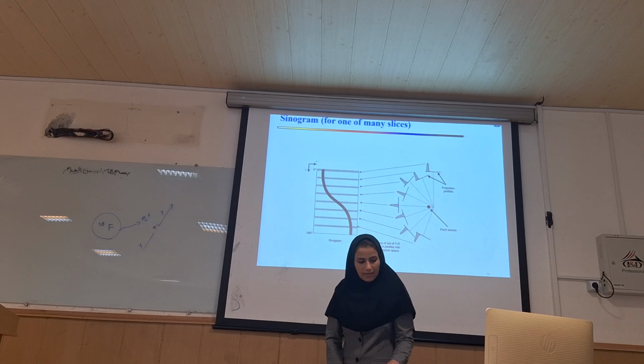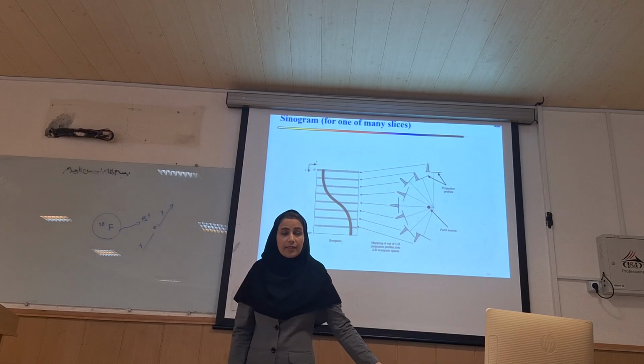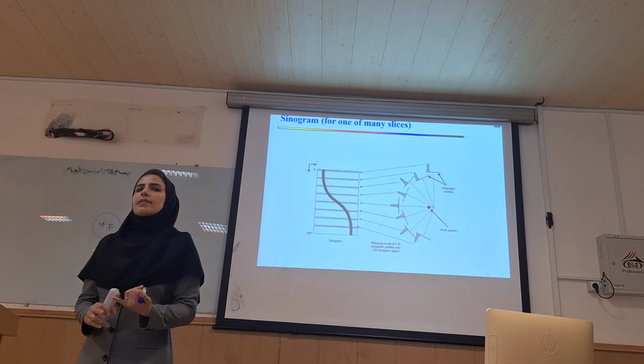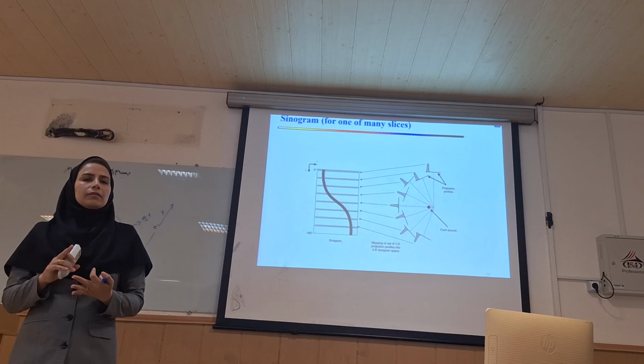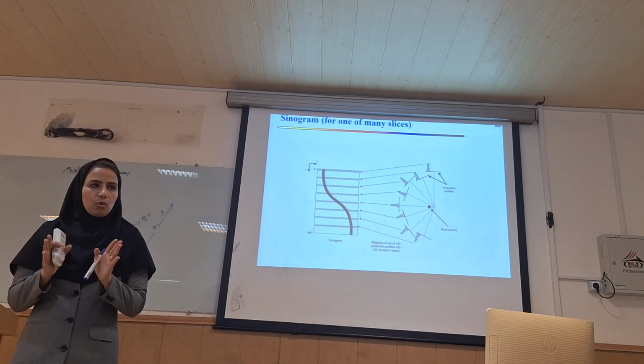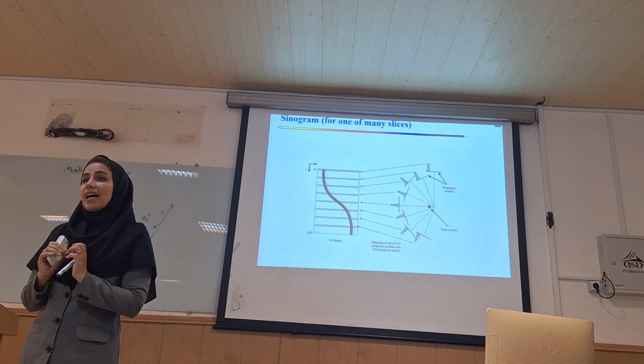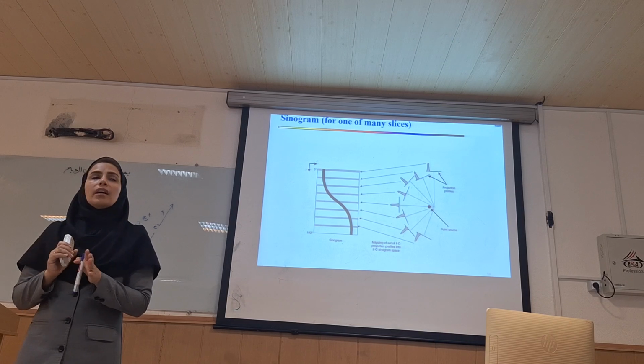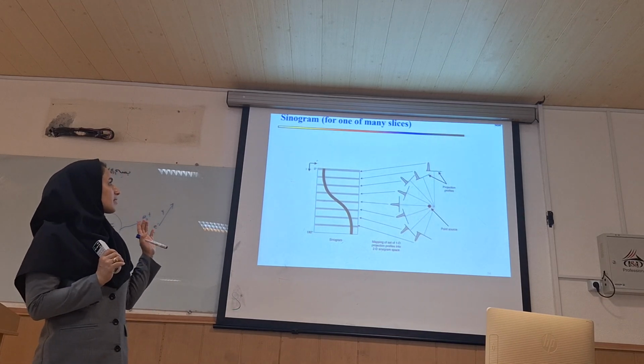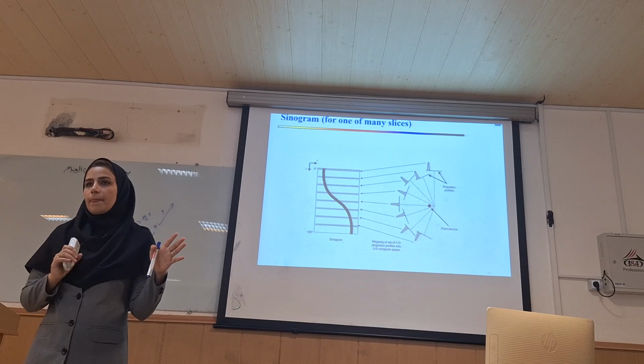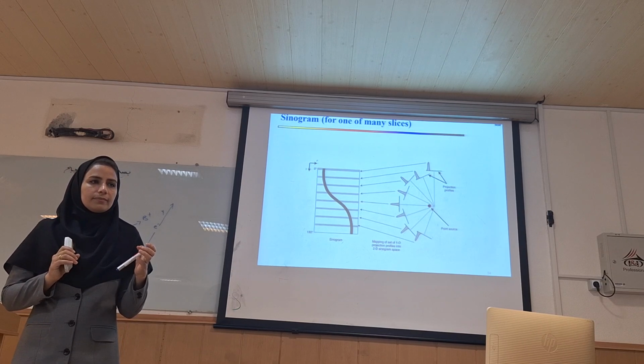We have another term in nuclear medicine, in CT scan, SPECT and PET, for all the things where we have a 3D image. This is called the sinogram. What is the sinogram?